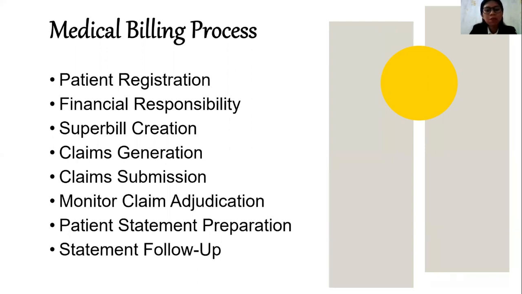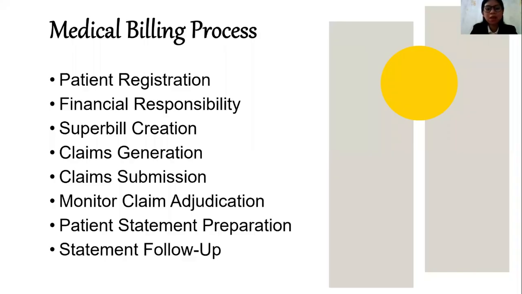An accepted claim will be paid according to the insurer's agreement with the provider. A rejected claim is one that has errors and must be corrected and resubmitted. A denied claim is one that the payer refuses to reimburse.